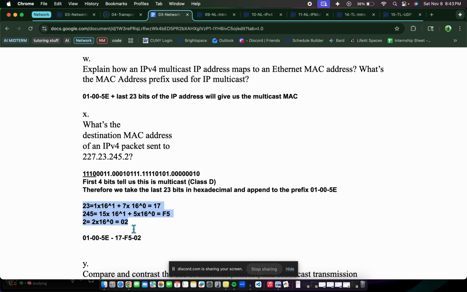But the good part is it's only going to be 23 bits that you have to go through, because these bits are already defined for us. These are always going to be in front if it is a multicast address. So if those 4 bits are this, then we know it's going to be multicast. So always use that formula if it is multicast.